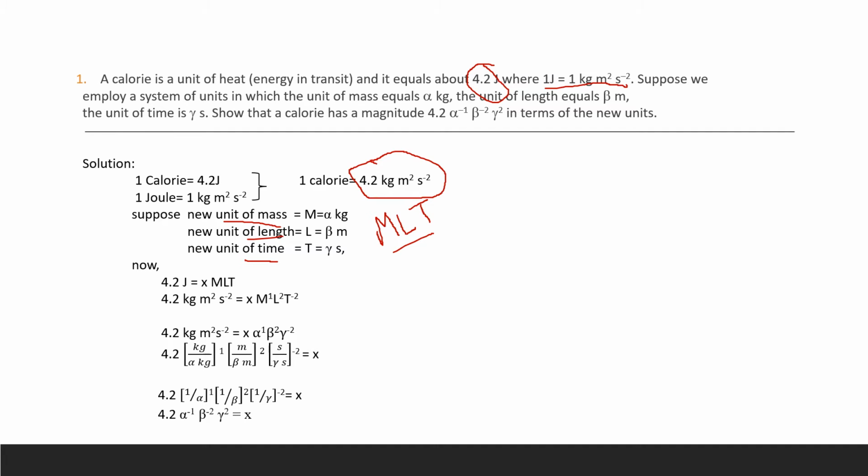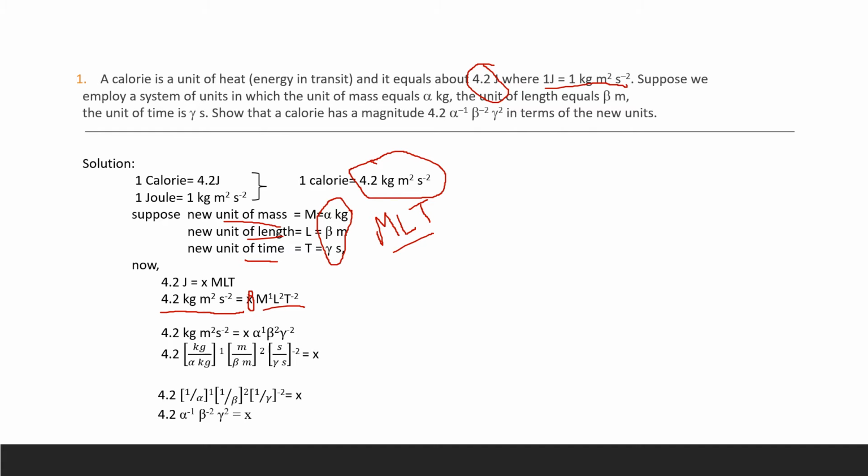Where already the new unit of mass, length, and time is given. So I'm taking it as 4.2 kg meter square per second square equal to the new magnitude x M L T. Okay. So now in place of M L T, we are substituting the values which are given in the question, alpha, beta, and gamma, isn't it?